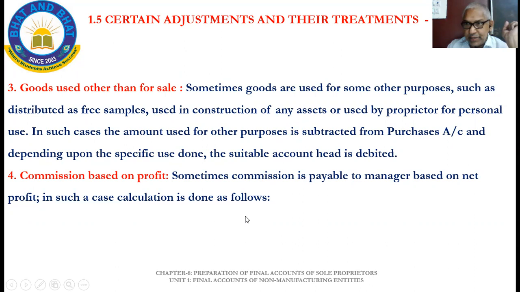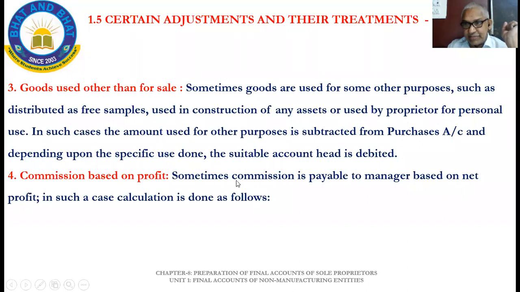For example, if the commission is 5% on the sales value of 100 rupees, means on that 100 rupees, 5 rupees commission. That means 105 rupees sold includes 100 rupees plus 5 rupees commission.